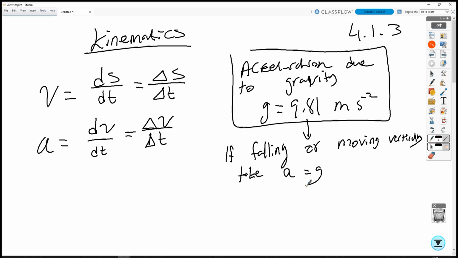And as it falls back down, it starts to speed up in the downward direction. So it's accelerating downwards the entire time. And a negative acceleration, so if acceleration is not in the same direction as velocity, it causes the magnitude of velocity to decrease. Acceleration only causes magnitude of velocity to increase if they're acting in the same direction.